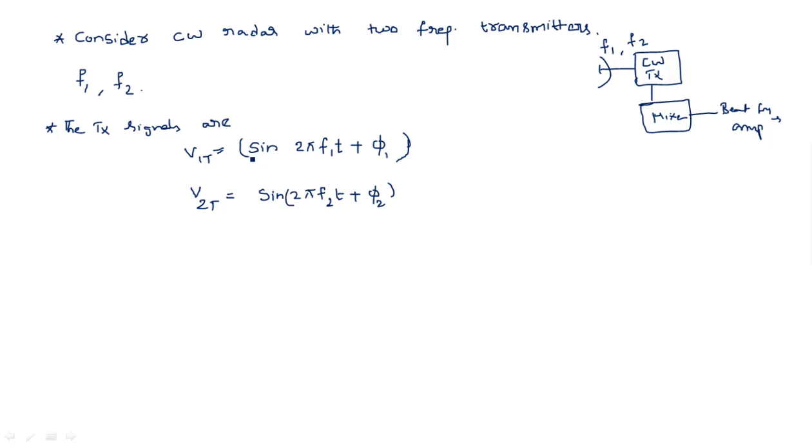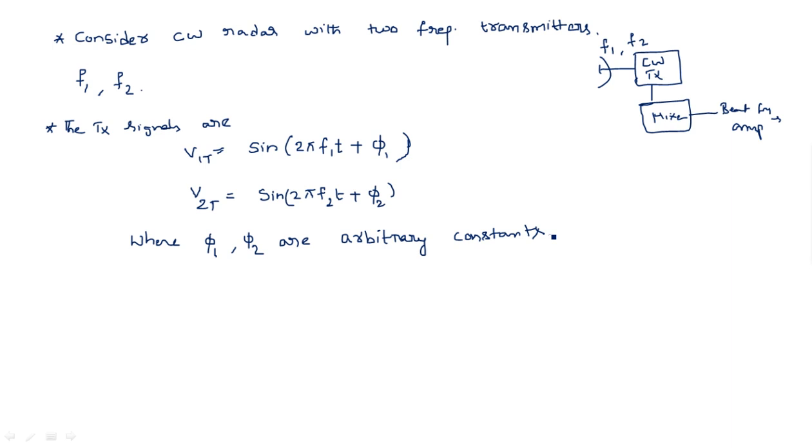So these are the two different signals we are taking, sine 2 pi f1t and sine 2 pi f2t. Where phi 1 and phi 2 are arbitrary constants.